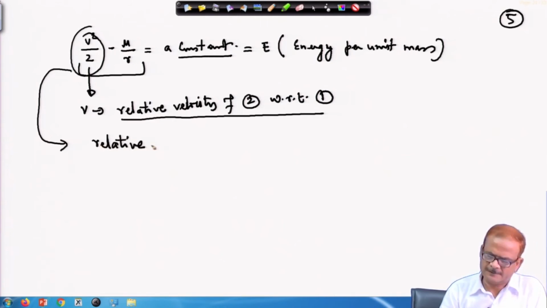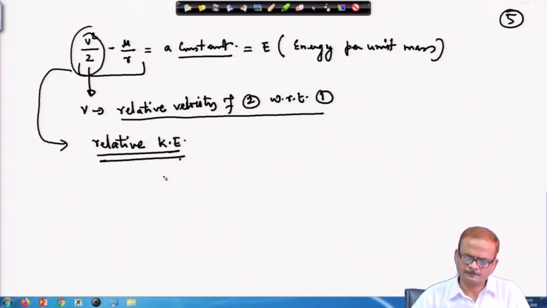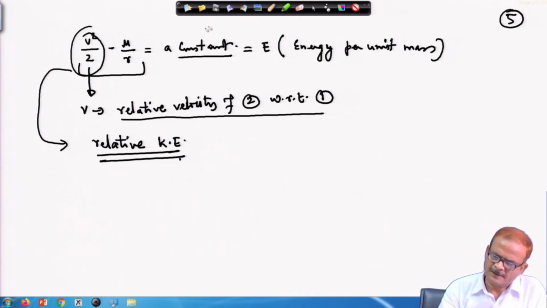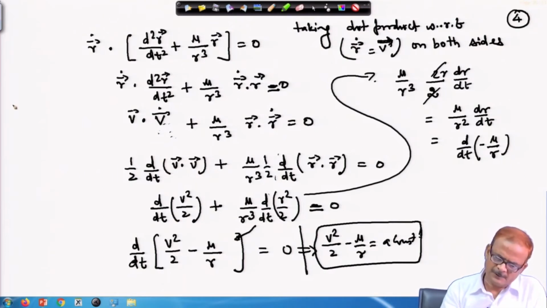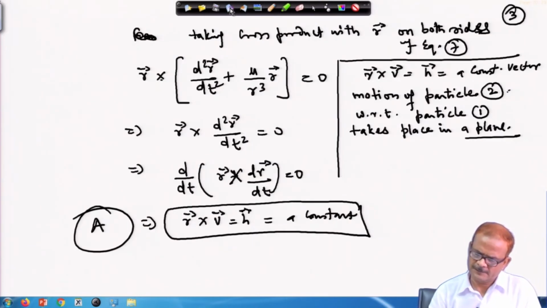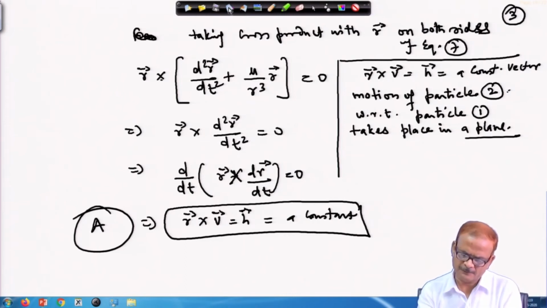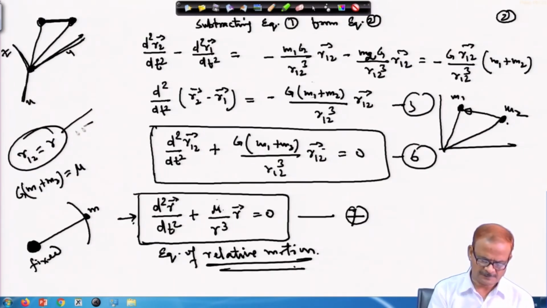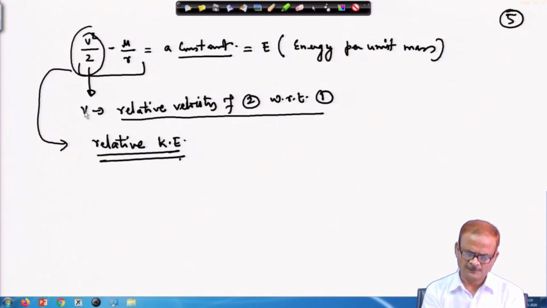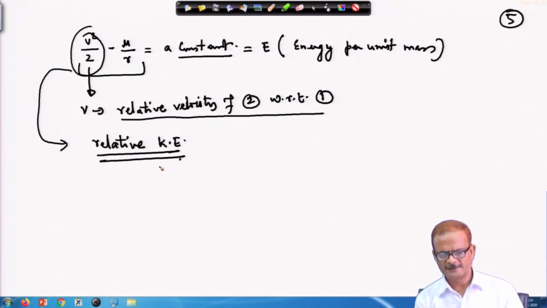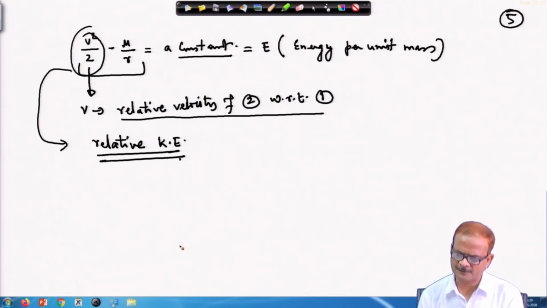This is not absolute kinetic energy, it is relative kinetic energy. Similarly, in this mu by r term, remember that this r is nothing but r 1 2. We have replaced this r by r 1 2 while discussing the equation of motion. So, this is in a relative sense, not in an absolute sense.